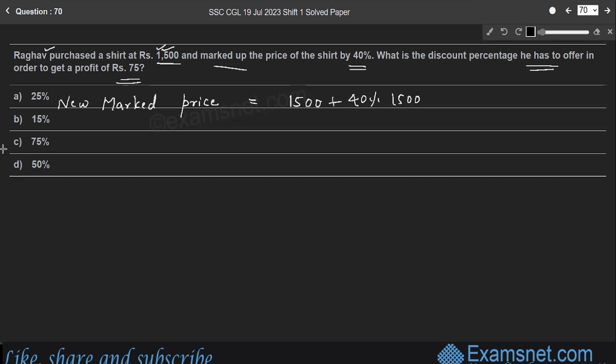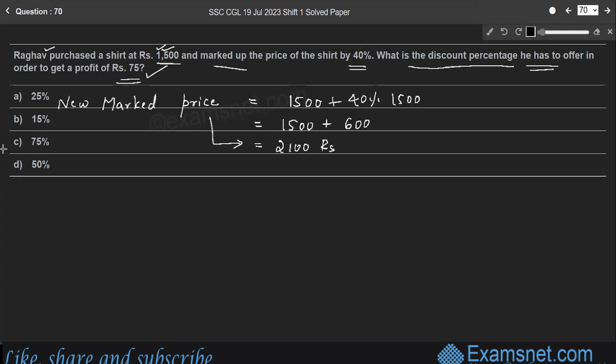Because he marked up the price of the shirt, therefore new market price of the shirt becomes 1,500 plus 40% of 1,500, which is 600. So which is equal to 2,100 rupees, the new market price of the shirt. And here we need to find the discount percentage he has to offer in order to get a profit of 75 rupees.